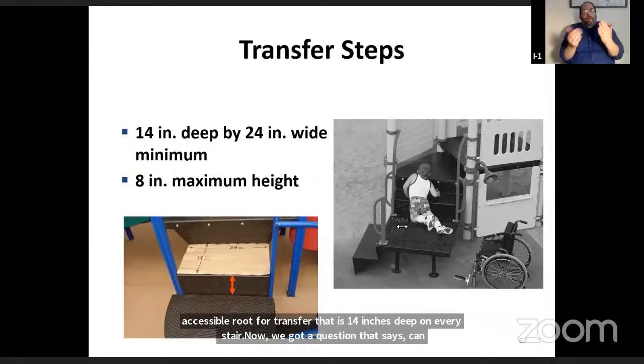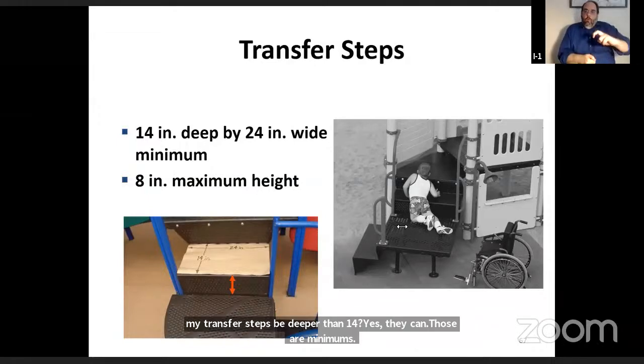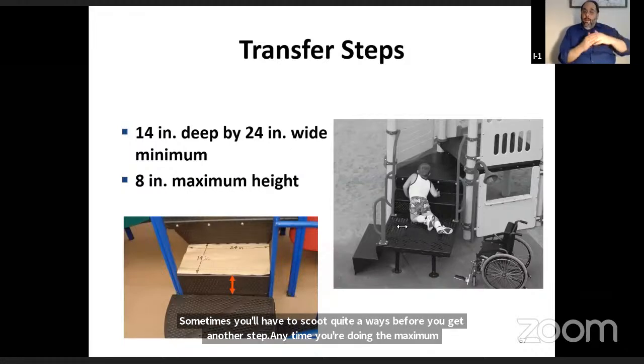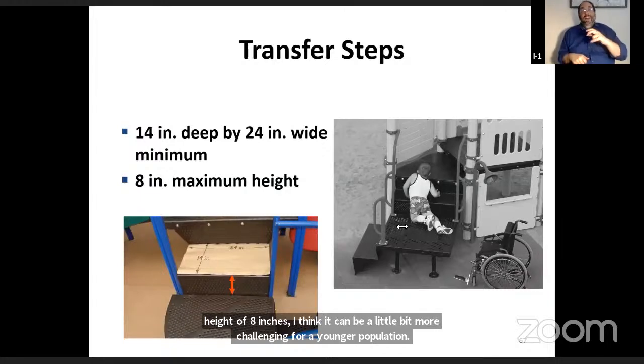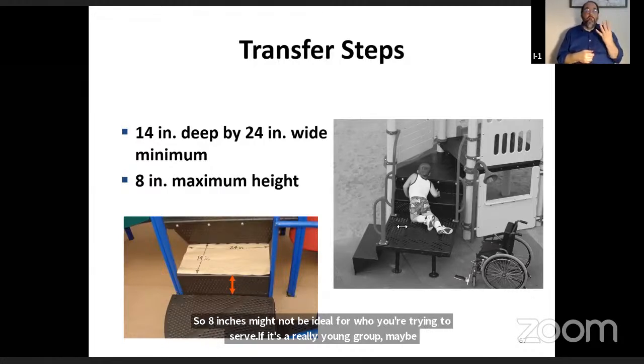Sometimes you'll have to scoot quite a ways before you get another step. Anytime you're doing the maximum height of 8 inches, I think it can be a little bit more challenging for a younger population. So 8 inches might not be ideal for who you're trying to serve. If it's a really young group, maybe minimize that to 4 inches and make it so you can scoot a little bit farther before you have to do another one.